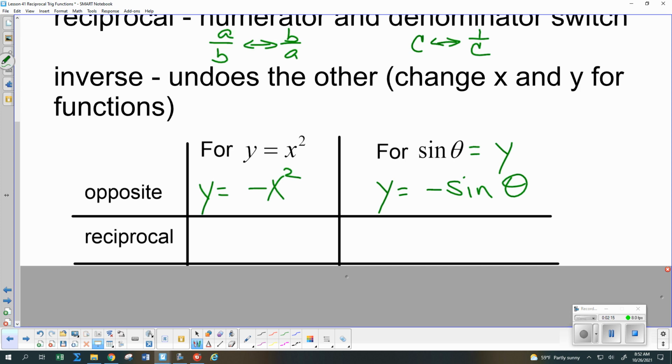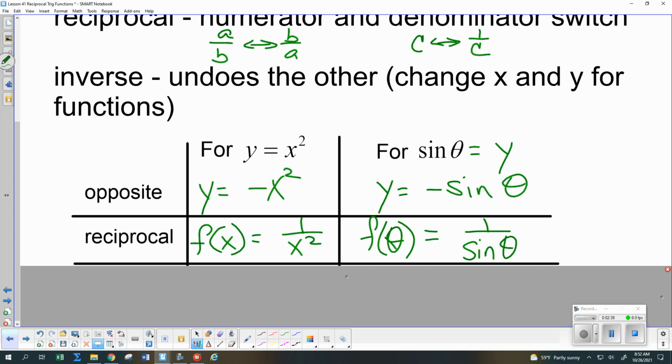So if it was a reciprocal function for y equals x squared, we might say that the reciprocal there is 1 over x squared. We would say that the reciprocal for the sine function would be 1 over the sine function.